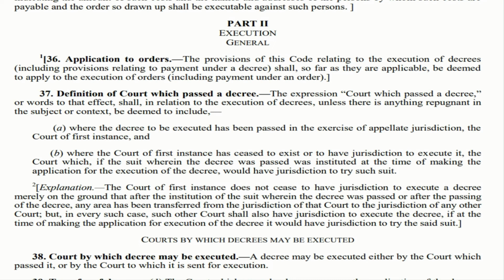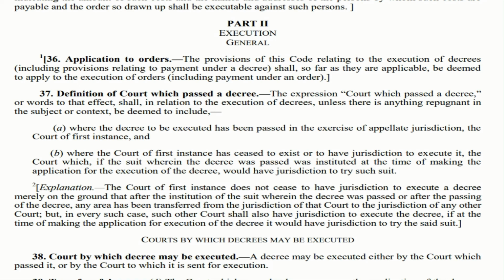To put it in a very simple manner, there are two courts, court A and court B. In court A, I am going and filing a petition or a suit. Now the Supreme Court or the High Court says that court A has no jurisdiction to take this suit. But an order has been passed in my case. Now the High Court is saying you hand over all the papers to court B. So court B will have the authority.